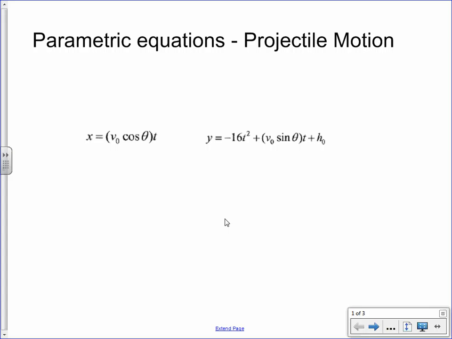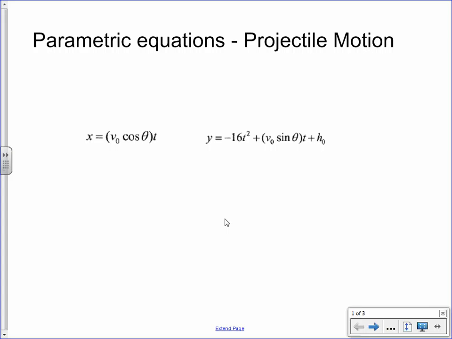Okay, you're going to throw something with velocity. And gravity's acting on it, yes.